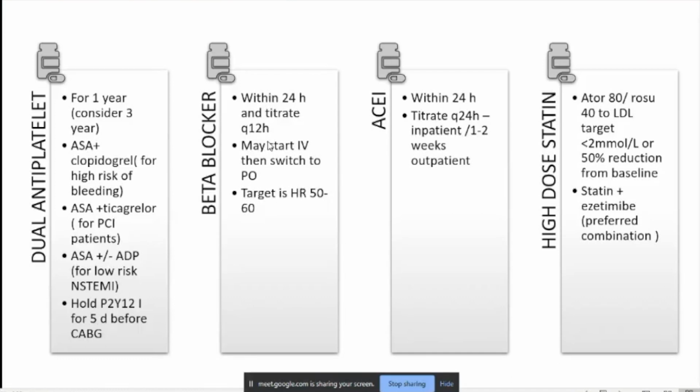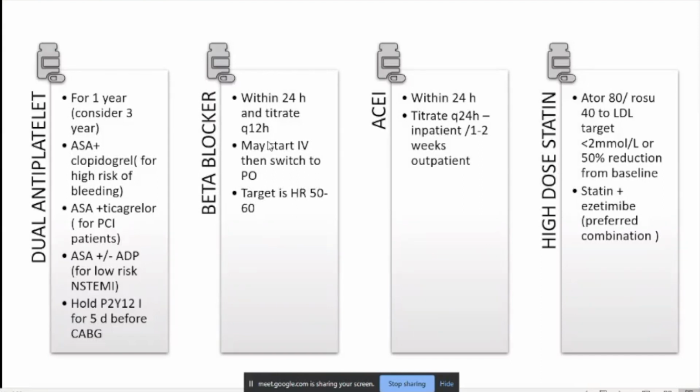What if the patient is already taking aspirin, and now the patient is having NSTEMI, is categorized as a high risk patient, and now the doctor wants to go for open heart surgery? In that case, we have to hold the medication 5 days before the surgery. We discussed in antiplatelet, it's actually 5 to 7 days, right? So minimum at least 5 days before the surgery.